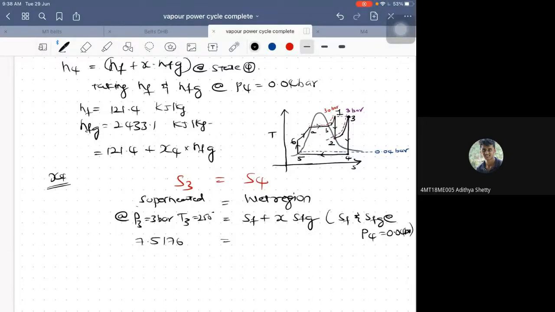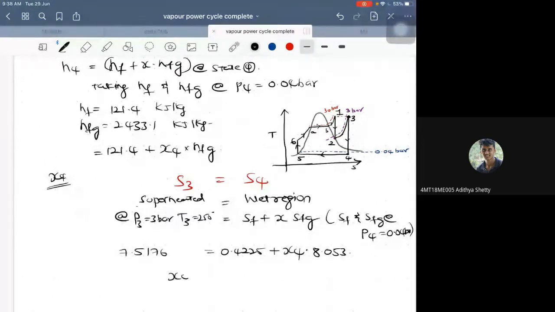SF is 0.4225, so this would turn to X4 since it is at state 4. Now what about SFG? 8.0530. From this, can I have the value of X4?